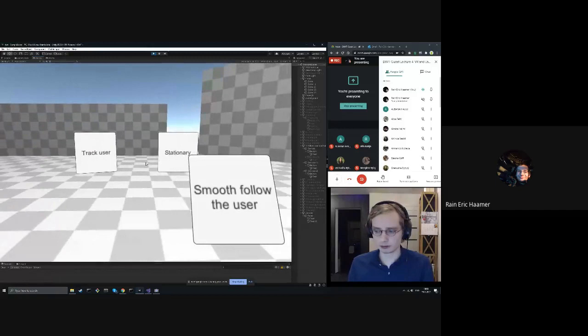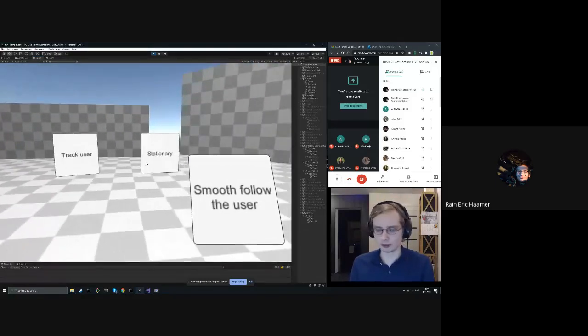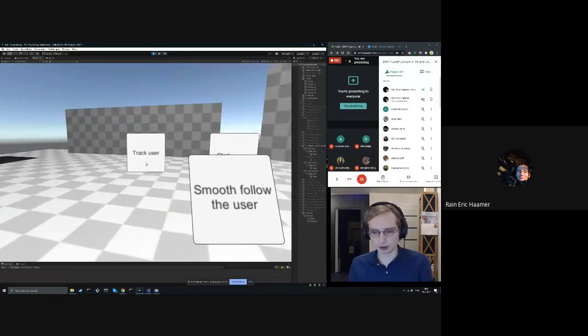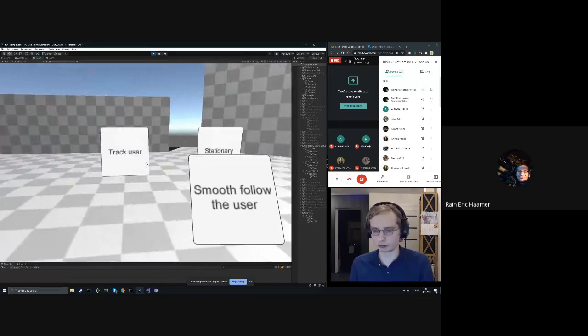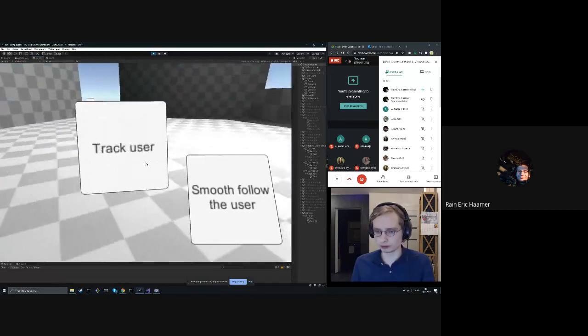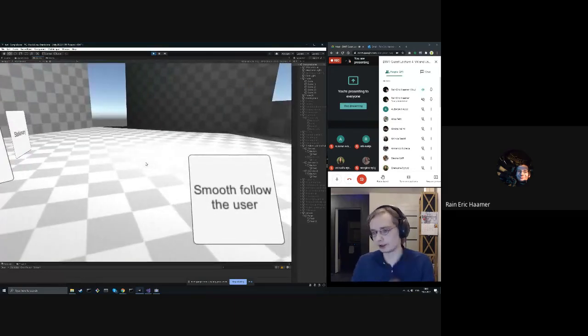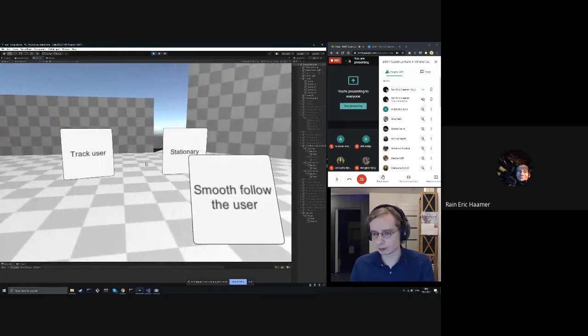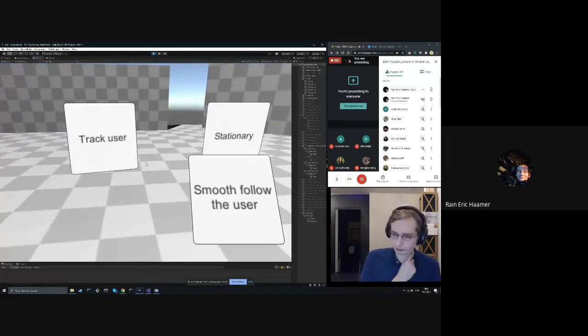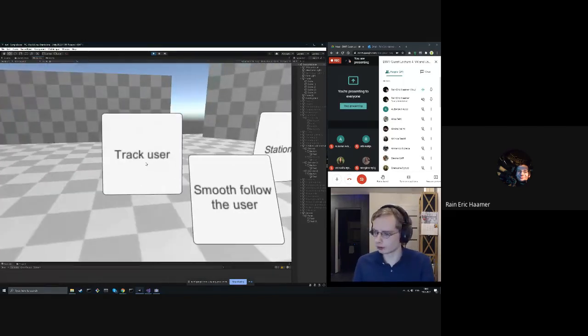But this also leaves two other types of user interfaces, those that are completely stationary, and those that track the user's position. And you might think that it is best to always use the tracking ones if you have interfaces that need to stay somewhere. But in actuality, the stationary ones also serve a good purpose, because the tracking ones will always take the user's attention away. The user will think this is something they need to interact with and they need to go to and do something with.